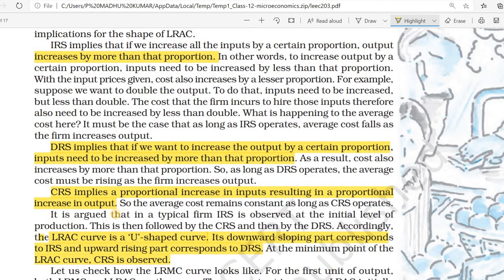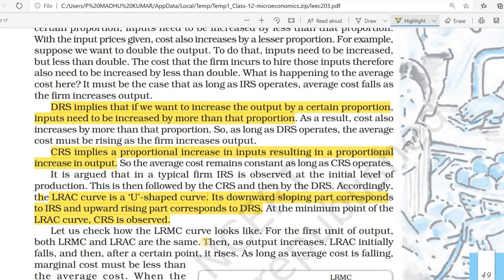If we increase input by 5% and output also increases by 5%, that is constant returns to scale. The LRAC curve is a U-shaped curve. The downward sloping part corresponds to increasing returns, like the short run average cost curve which is also U-shaped, and the upward rising part corresponds to decreasing returns to scale.